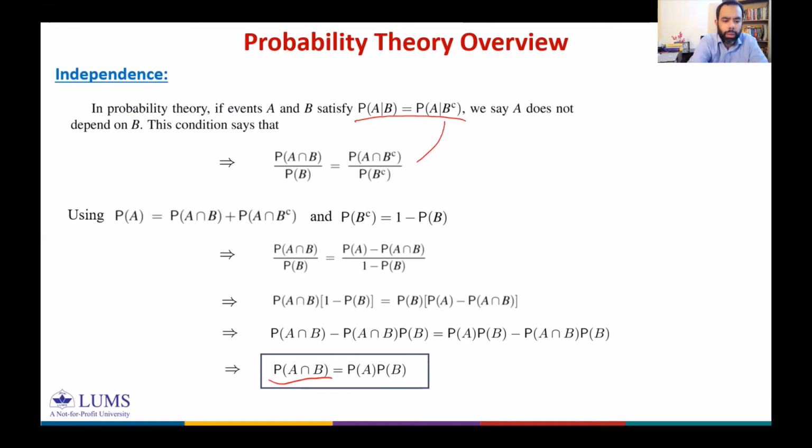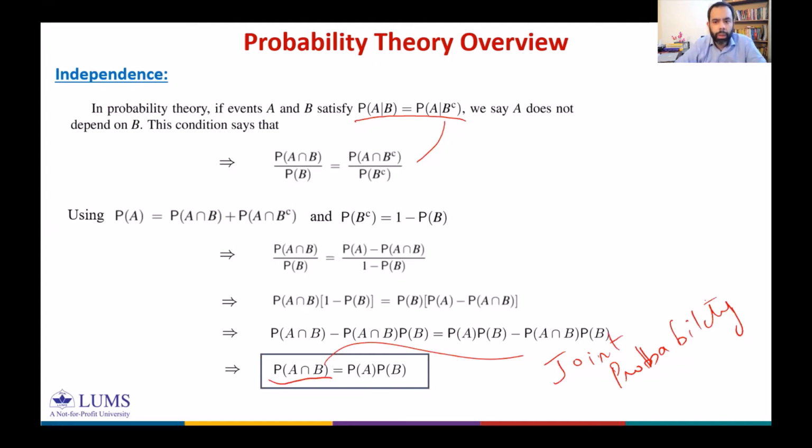Right? And usually we refer to this as joint probability. So joint probability is equal to the product of individual probabilities. This is the consequence of having two independent events A and B.